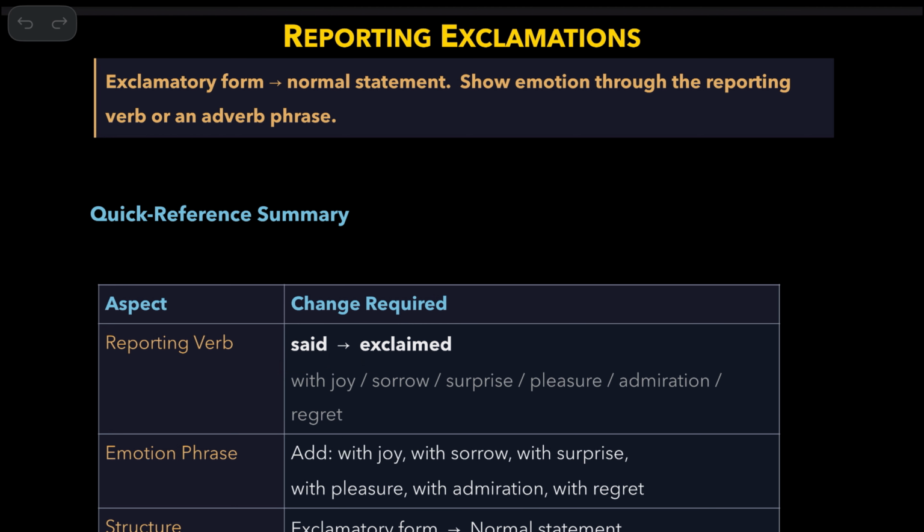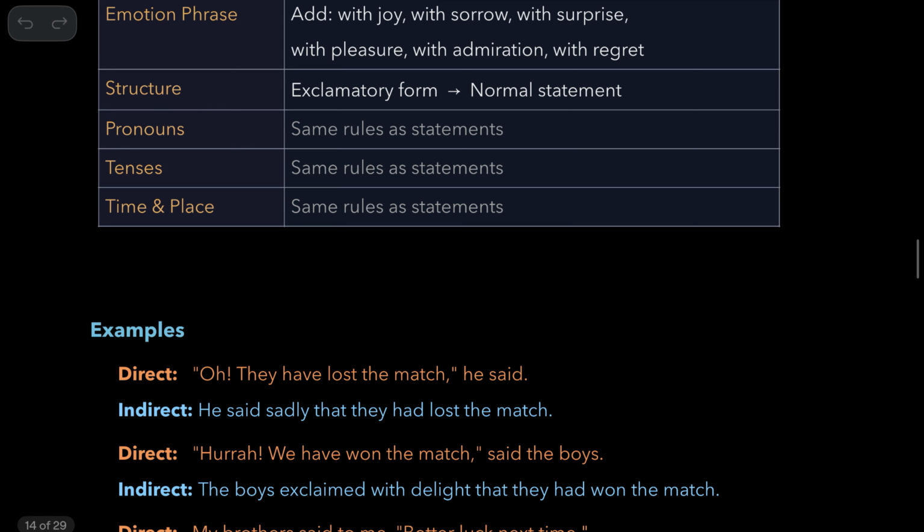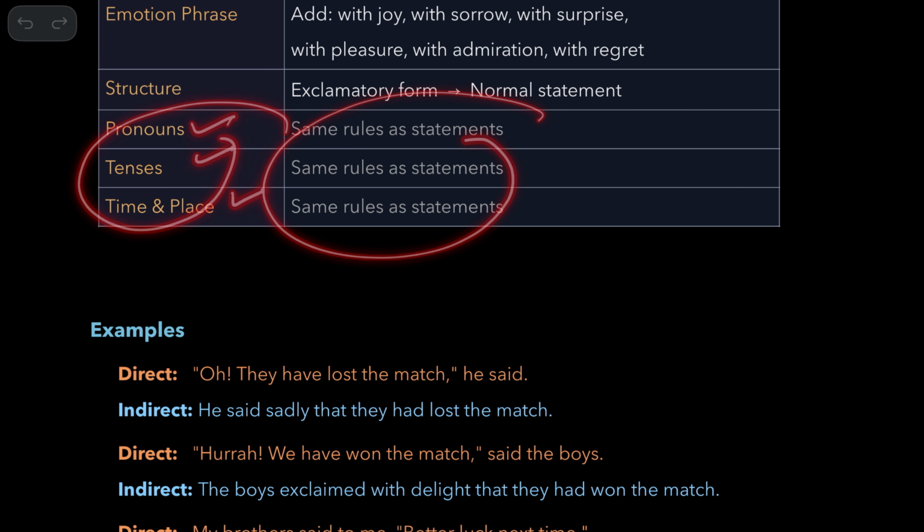Then you can also carry that emotion using expressions like with joy, with sorrow, or with surprise, etc. So you add these things to convey the emotion expressed in the direct speech. The actual sentence will be an exclamatory sentence. You need to change it into a regular statement, and pronouns, tenses, time and place words remain unchanged here.